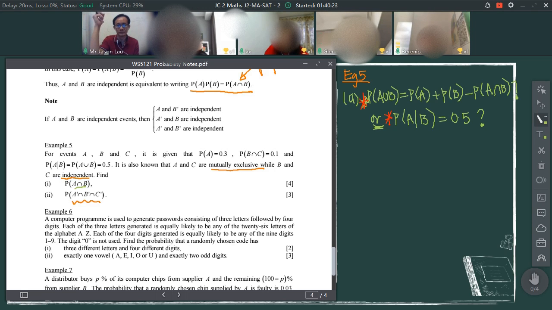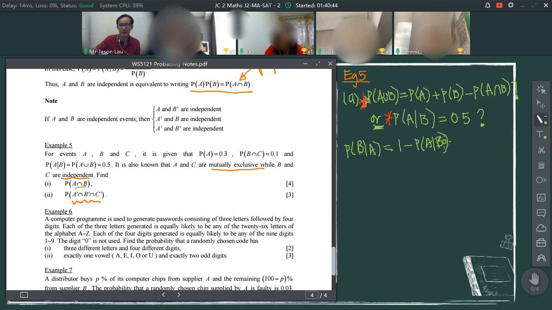How do you find P(B given A) by taking 1 minus 0.5, right? Wait, it's not 1 minus 0.5, right? No, they're different.